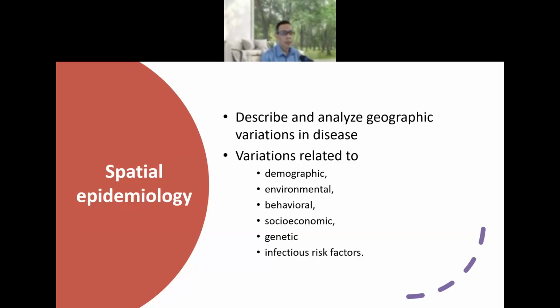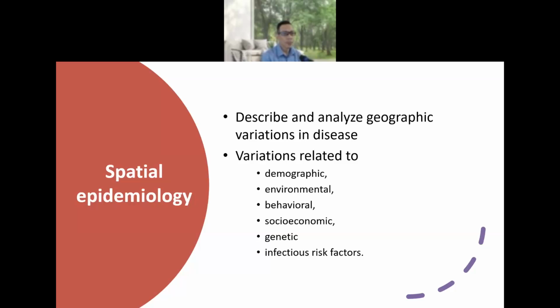So by describing and analyzing geographic variations, we try to understand the relationship between the geography or the locations with demography, with environment, with behavioral, with socioeconomy, with genetics, with some risk factors, for example, infectious risk factors.